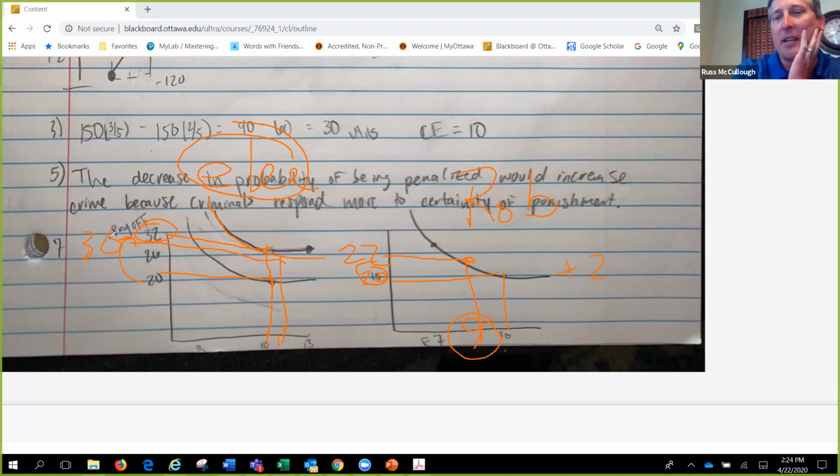So you can keep doing it incrementally if you wanted. You could actually set up a little equation, is another way you could do this, to see where they end up. Okay, any questions? If you want to unmute, any further questions on that one?